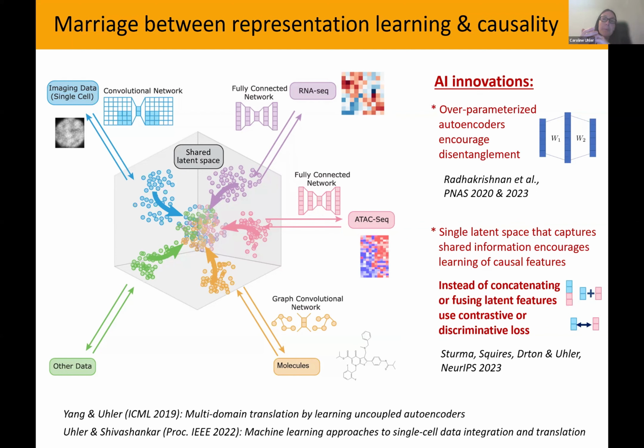Now I know it's the same population of cells, so at the distribution level, they should match in the latent space. So there, instead of matching at the single cell level, we are going to just match at the distribution level, meaning you have, say, a discriminative loss that says my embedding is a good one if I cannot tell whether a particular cell comes from RNA-seq land or from imaging land. Okay, so even in the unpaired setting, you can have these joint distributions in the latent space.